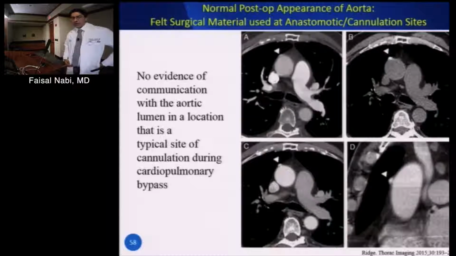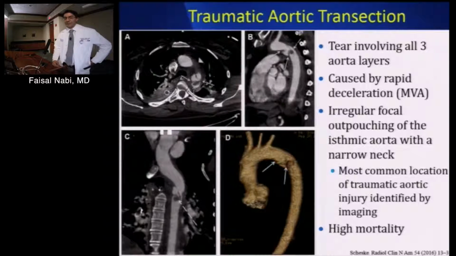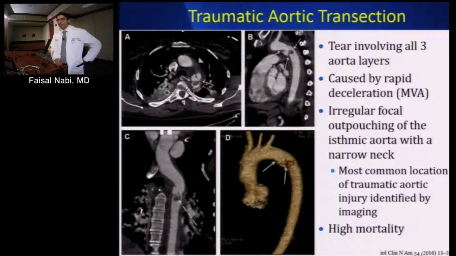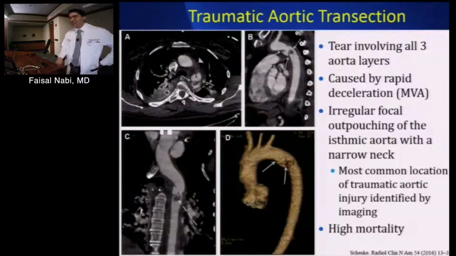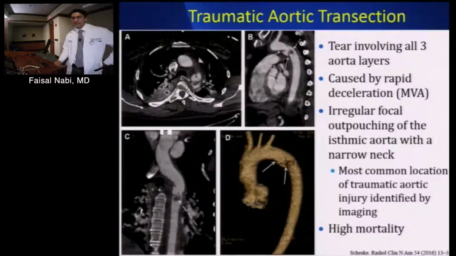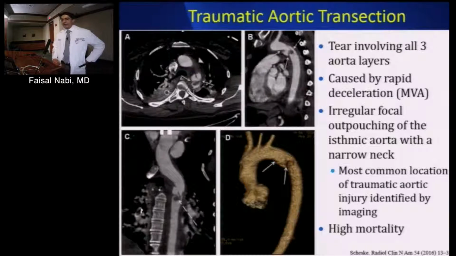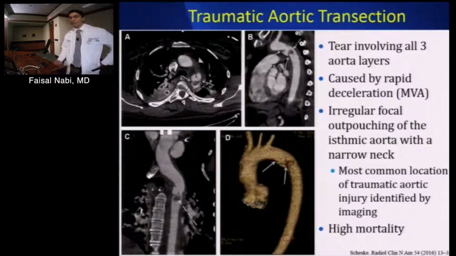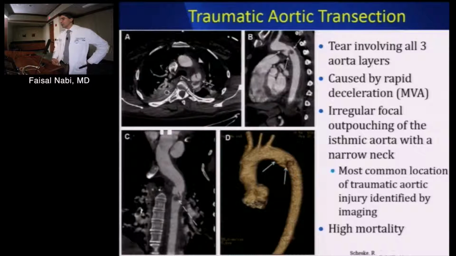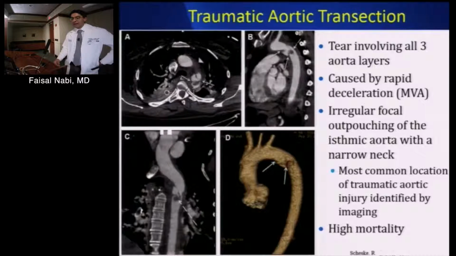Now, other worrisome findings, thank goodness we haven't seen too many of these, but if you're going to have an aortic transection, the one that tends to survive, although they all have high mortality, is the one that occurs at the isthmus. It is a sudden tearing of all three layers. It's usually caused by a rapid deceleration, usually a motor vehicle incident, or falling from heights.